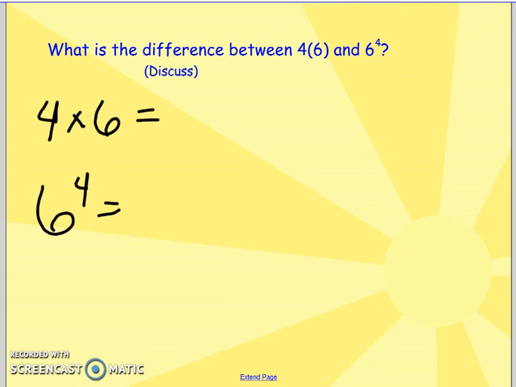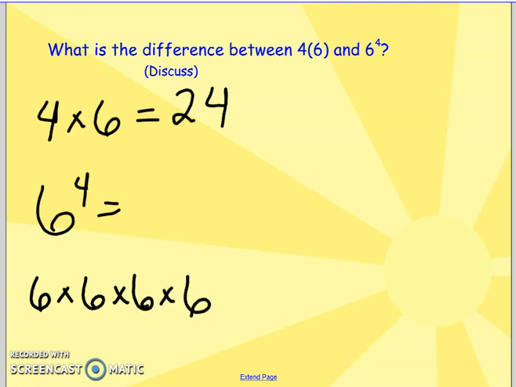Okay, so the large differences between the 2 are, well, 4 times 6 is 24, right? Relatively small number. 6 to the 4th power, that means we're going to do 6 times 6 times 6 times 6. Is that going to be bigger than 24? I think so. So here we have 6 times 6, which is 36. Then we have 6 times 6, which is 36.